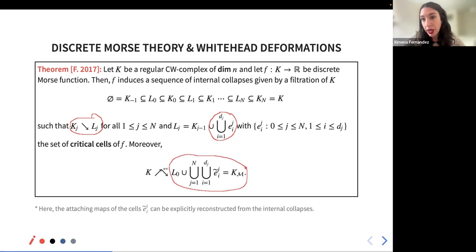It's complicated, but at least in lower dimensions it can be completely described with an algorithm. We're going to see this in a minute. So you have some sort of description of the Morse CW-complex, and also a description of the homotopy equivalence that connects the original complex and this new simplified complex. These two new pieces of information are going to be very important in our applications.